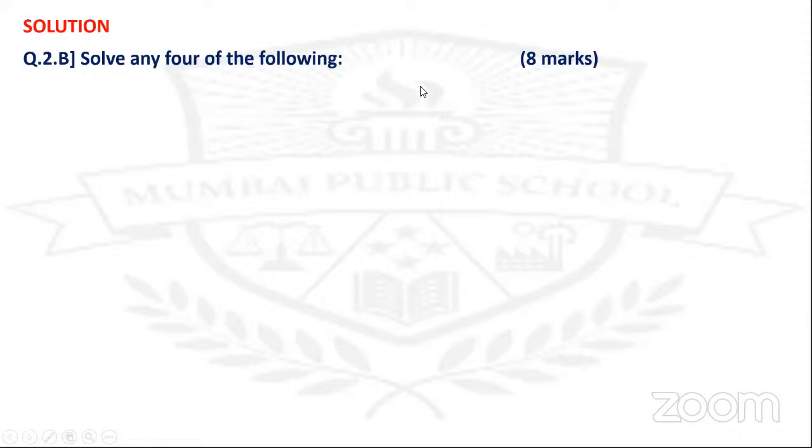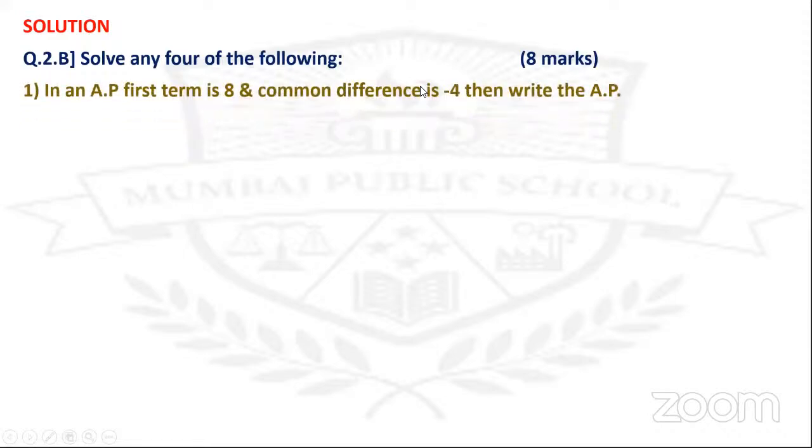Solution. Check. In an AP, the first term is 8 and the common difference is minus 4. Write the AP. Very simple question. You know, the first term T1 is 8 and the difference is minus 4.